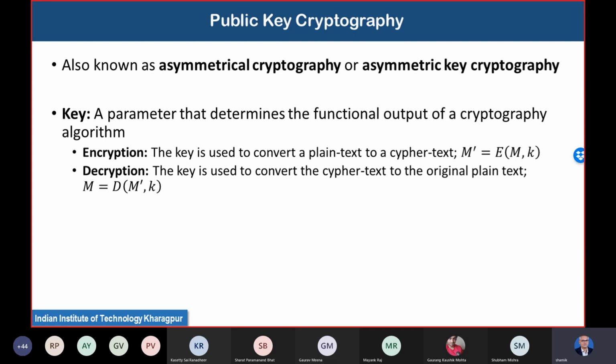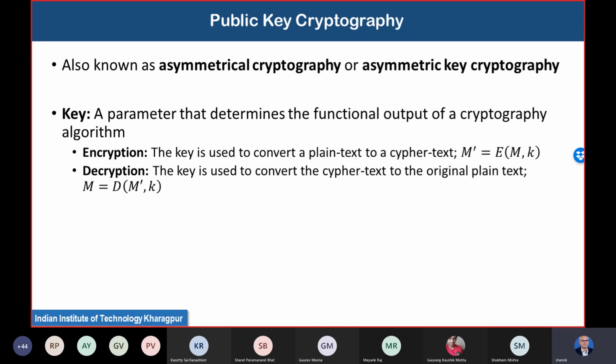Now, let me clarify that this particular bullet does not specifically say anything about encryption and decryption using public key, that is, asymmetric key. It is shown generally. I would say it refers more to symmetric key, where the same key is used for both encryption and decryption.